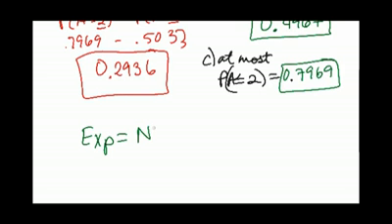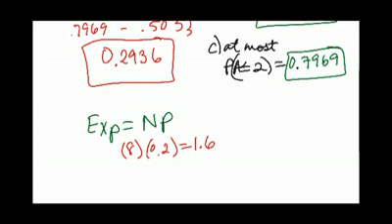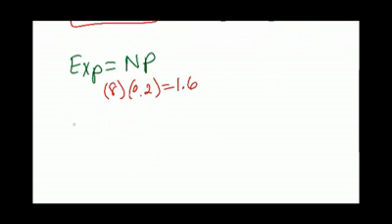Alright, so real quick, let's just do the expectation and the variance. Expectation is n times p, n is 8, probability was 0.2, so that means that out of the 8 people, 1.6 people are expected to get an A. And then for the variance, that's npq.